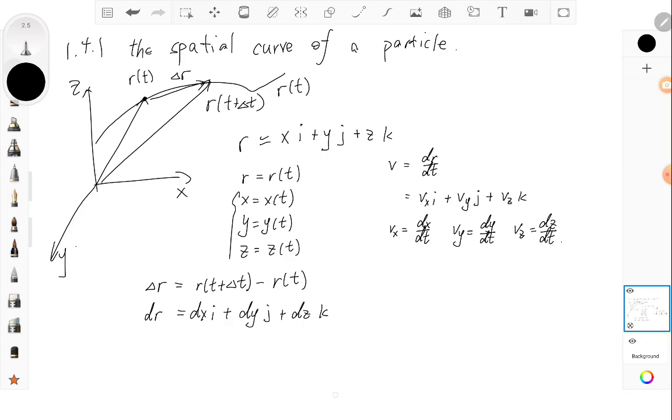This is exactly differentiating the r term, and thus you get v. And our speed v is the square root of vx squared plus vy squared plus vz squared. It is exactly as the plane curve movement.